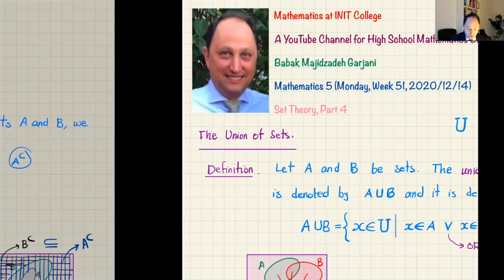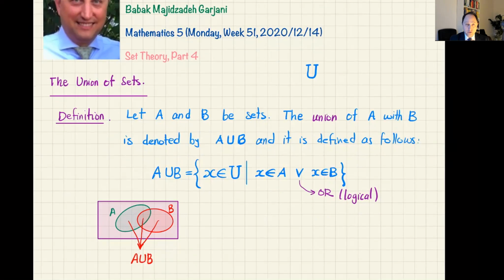And then we started an operation. This is the first operation that we learned between two sets, and that's called the union of sets. If I have two sets, the union of A with B is denoted by this symbol, and I told you that this is more or less similar to U, but when I want to use U for the universal set, I just put small dashes on top to distinguish it from the union symbol.